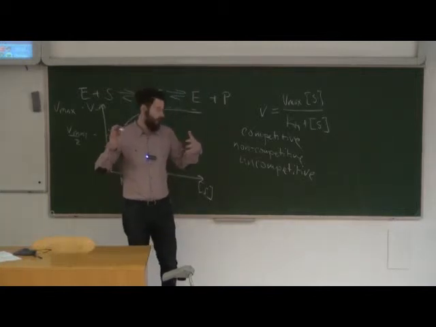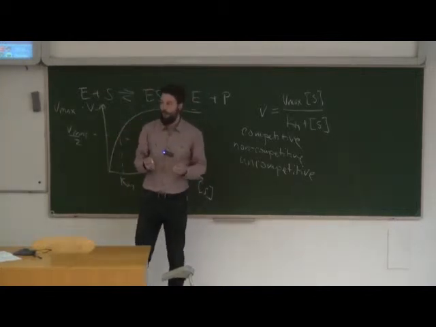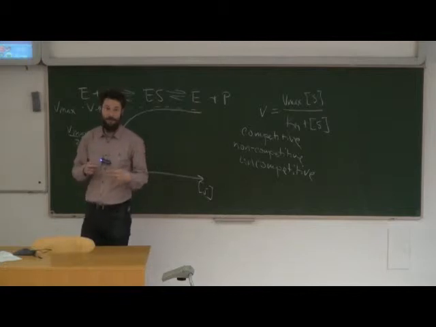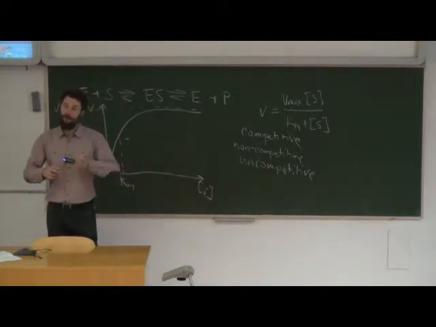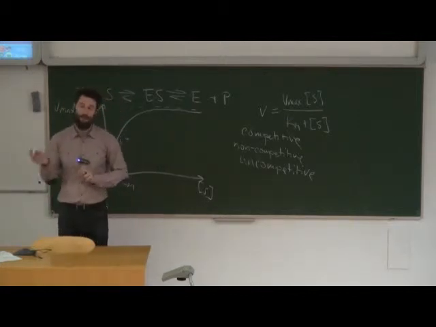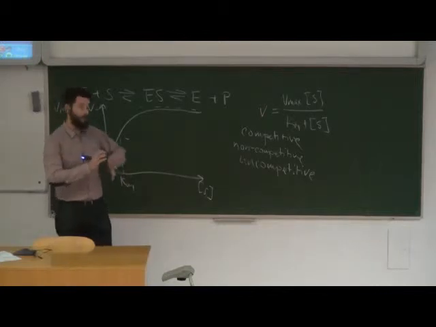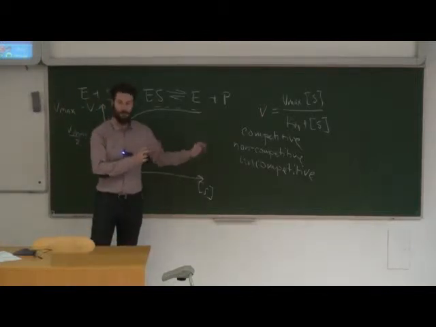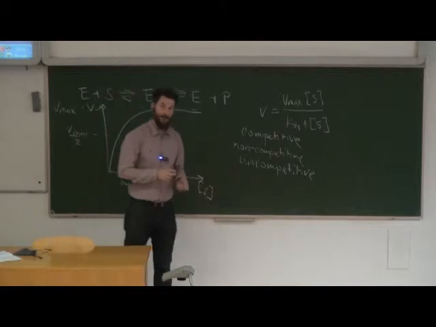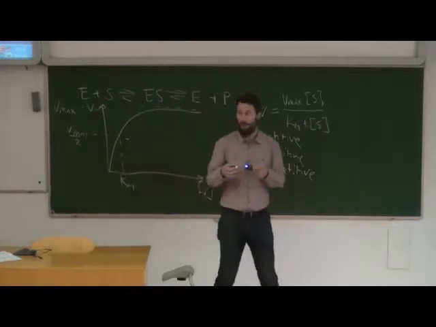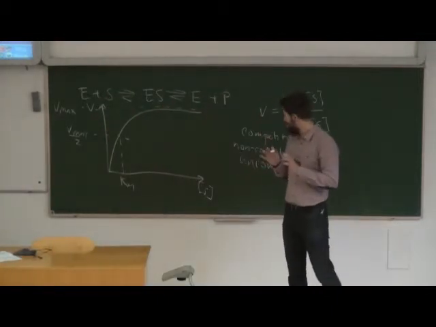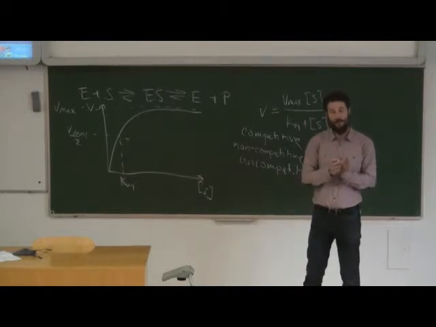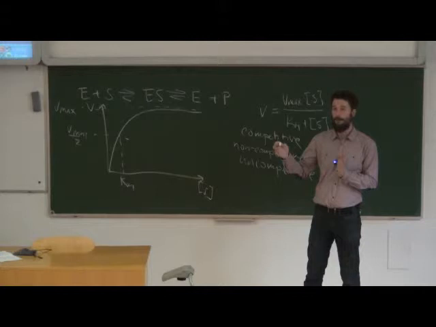This classification of types of inhibition is based on the relationship between the binding of the inhibitor and the binding of the substrate. That's what we're going to spend most of the rest of the lecture talking about. But there is another way to classify inhibitors, and that's based on the duration of inhibition. Does anyone know that?